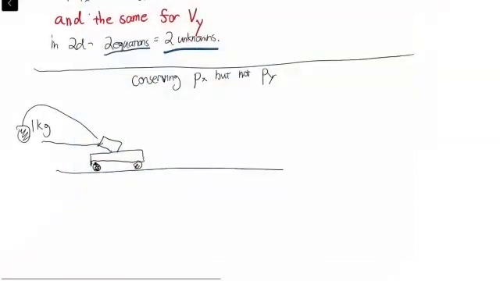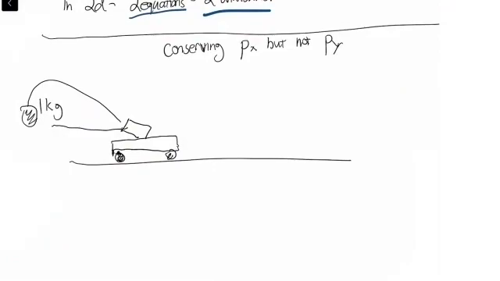Okay, there you go. So fire out a 1 kilo ball, let's say at 45 degrees. And this cart has a mass of 10 kilos, and this shoots out at 10 meters per second.